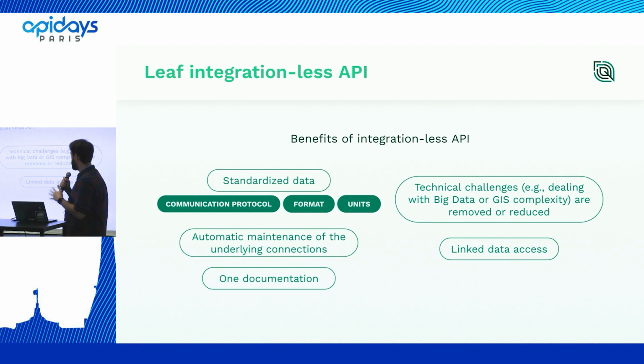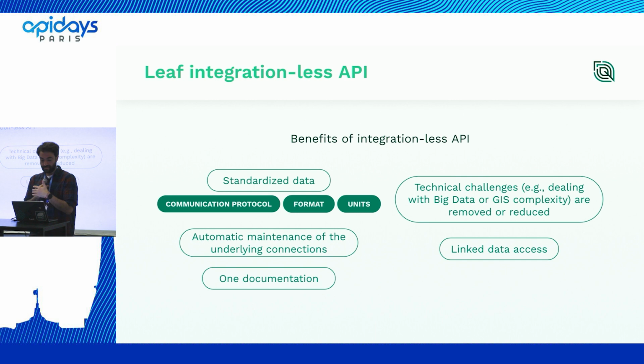Well, some benefits of integrationless APIs. We have standardized data, communication protocol, format, and units in our case. We automatically maintain the underlying connections. We have only one documentation. We deal with the technical challenges, for example, big data and GIS complexity. They are removed or reduced.